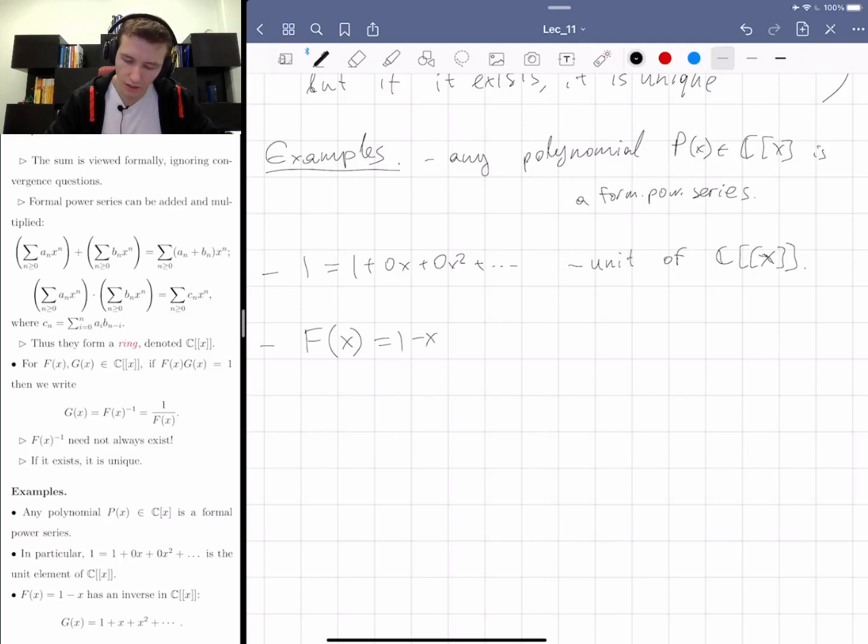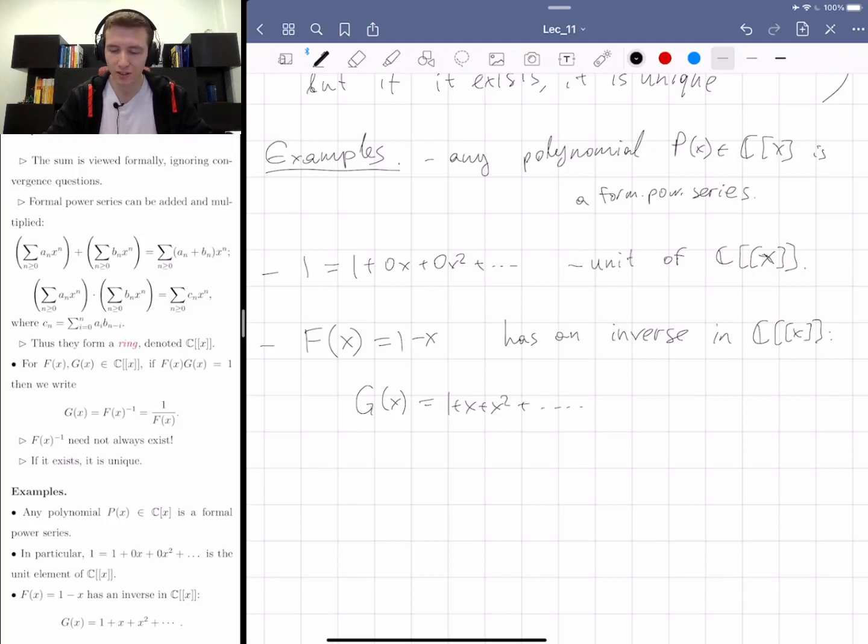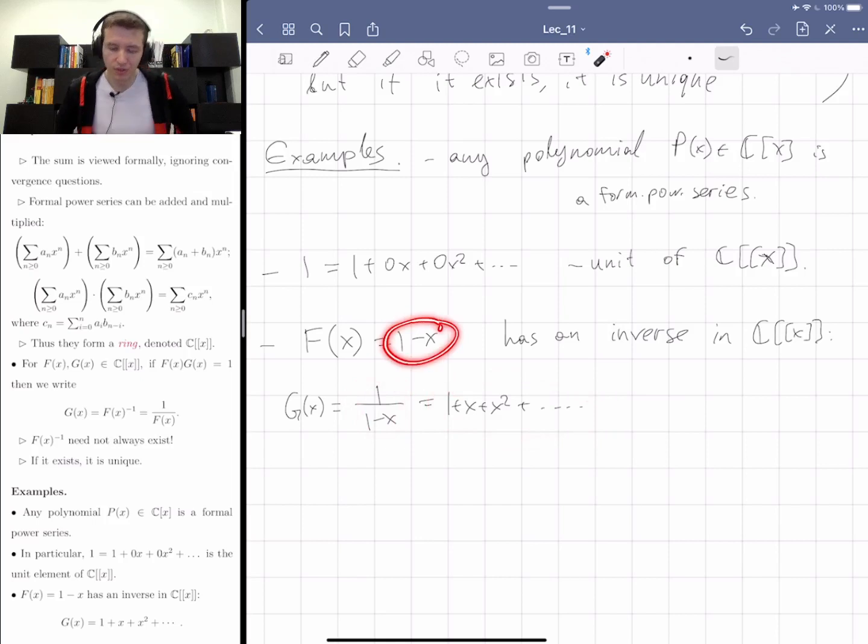Then this has an inverse in the ring of formal power series, given by g of x, which is 1 plus x plus x squared plus etc., where all coefficients are equal to 1. I can write it as 1 over 1 minus x, where by definition 1 over 1 minus x is the inverse of 1 minus x. And I have to prove it.